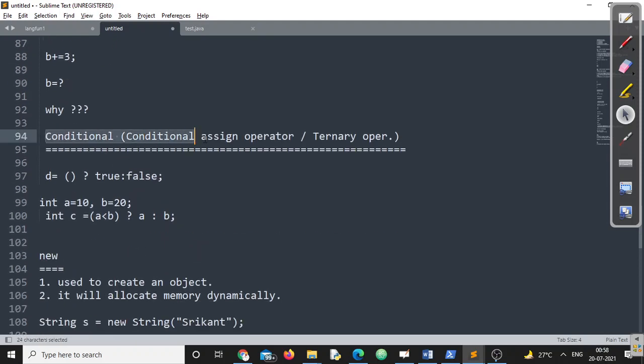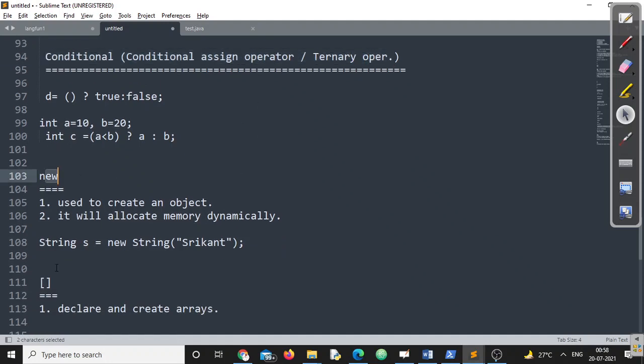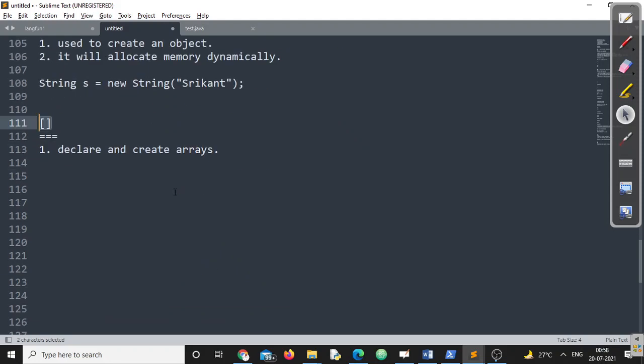We have discussed the conditional assignment operator or ternary operator, then the new operator followed by your array operator. One last operator is there which is the bitwise operator, and this bitwise operator we'll discuss in the next video.